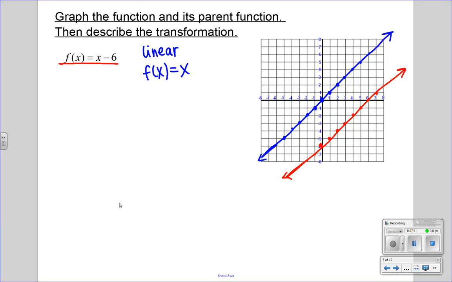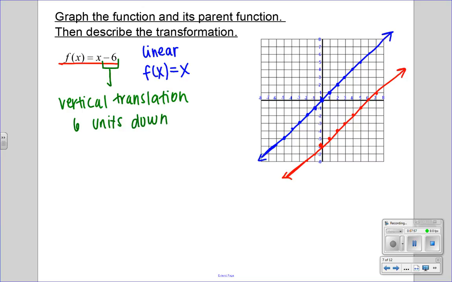Visually, you can already see that this graph has been pulled down by 6 units. Okay, so we can write that as a translation, a vertical translation, six units down. And if we take a look at the equation, this -6 gives us that vertical translation.